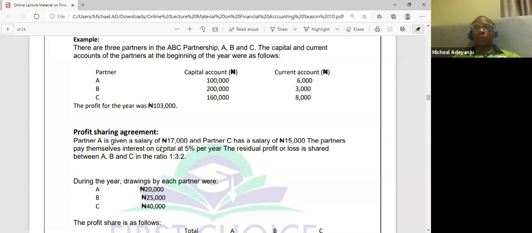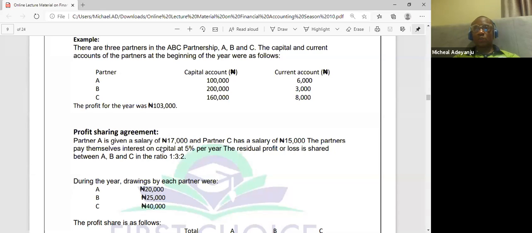The profit for the year is 103,000 naira. The profit sharing agreement was that partner A is given a salary of 17,000 naira, partner C has a salary of 15,000 naira, and the partners pay themselves interest on capital of 5% per year.